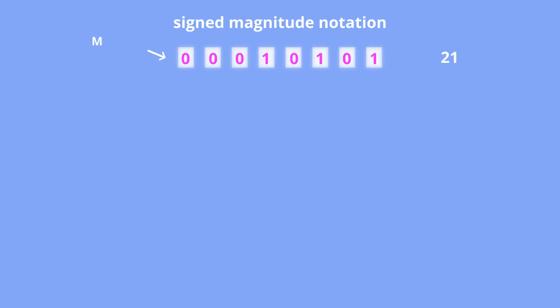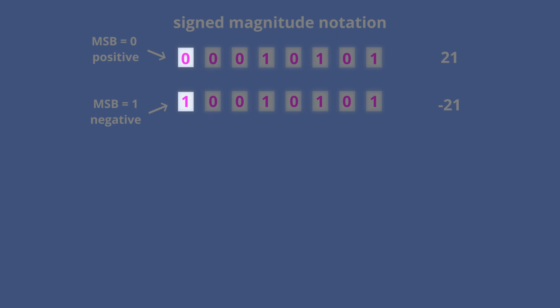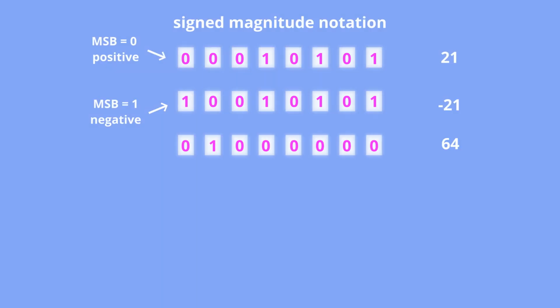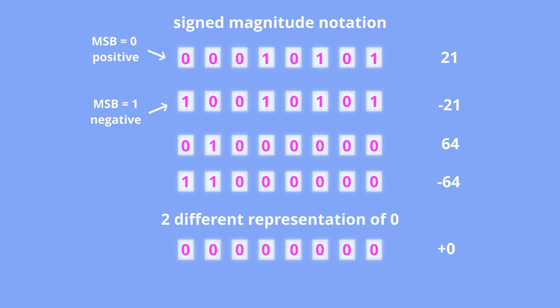For example, this is number 21, and this is number negative 21. You can see that only MSB is different. All other bits are the same. Another example. This is 64, and this is negative 64. An interesting detail is that we have two different representations of 0, positive 0 and negative 0.